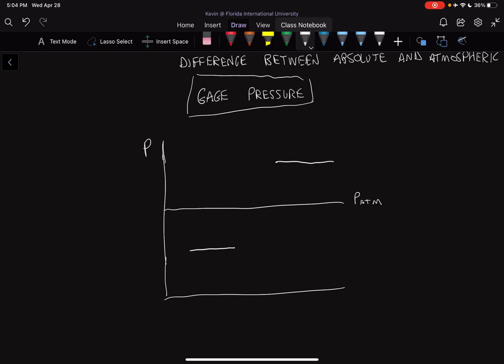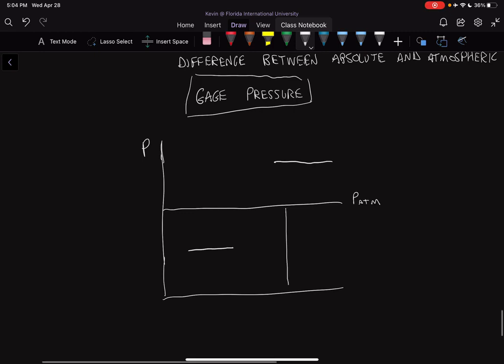So this pressure level would be from 0, so this is 0. From 0 would be P atmospheric, so we would have P atmospheric plus this P gauge, right? P gauge would measure the difference between atmospheric and absolute.